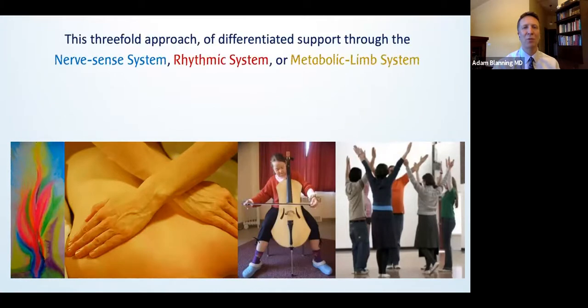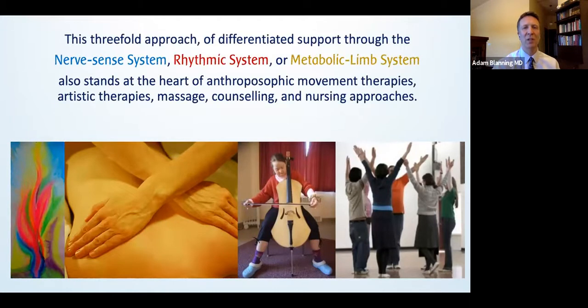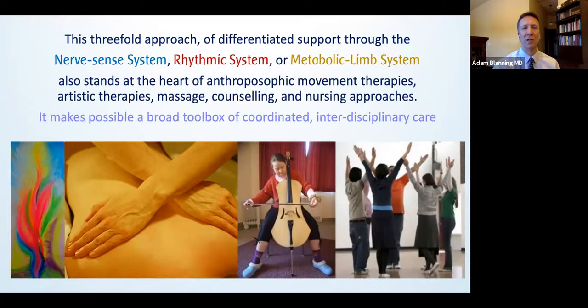So this threefold approach really stands at the heart, not just of anthroposophic medical preparations and diagnostic approaches, but also movement therapies, artistic therapies, massage, counseling, and nursing approaches. And this really creates a beautiful, broad toolbox.